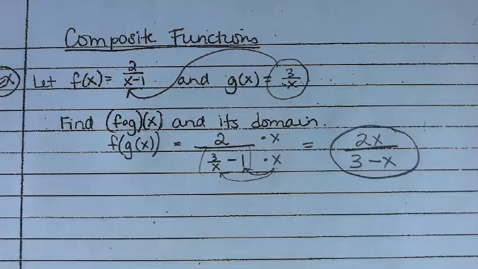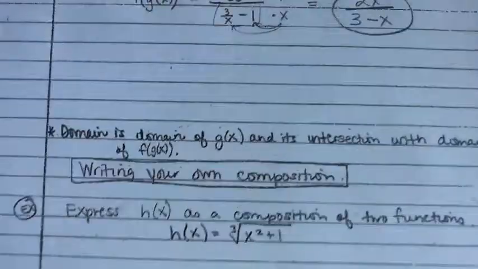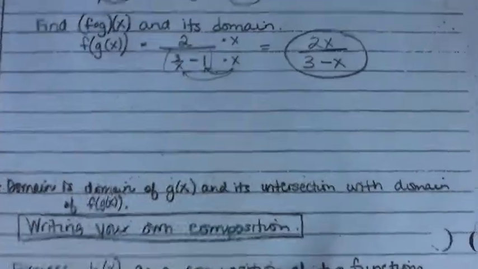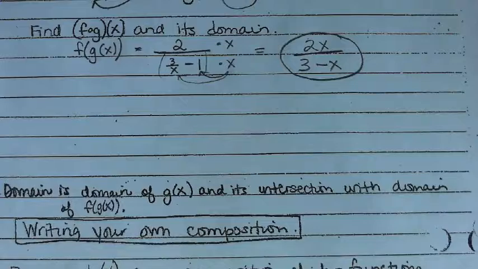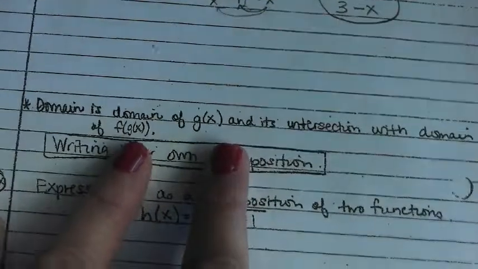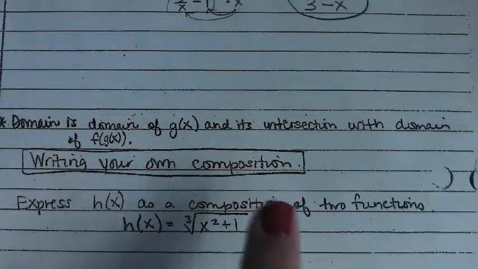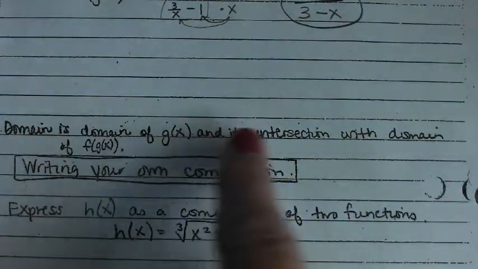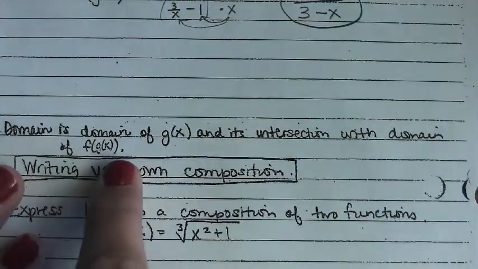Now here the domain works a little bit differently. I wrote this when you're doing compositions, f of g of x, as opposed to operations. Okay? So operations, it's the intersection. We've got that. Here, the domain is the domain of g of x and its intersection with the domain of the final product.